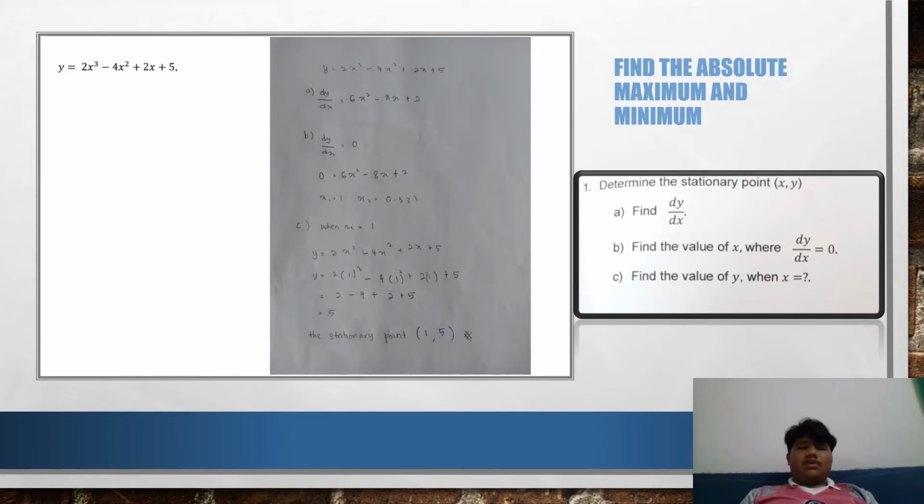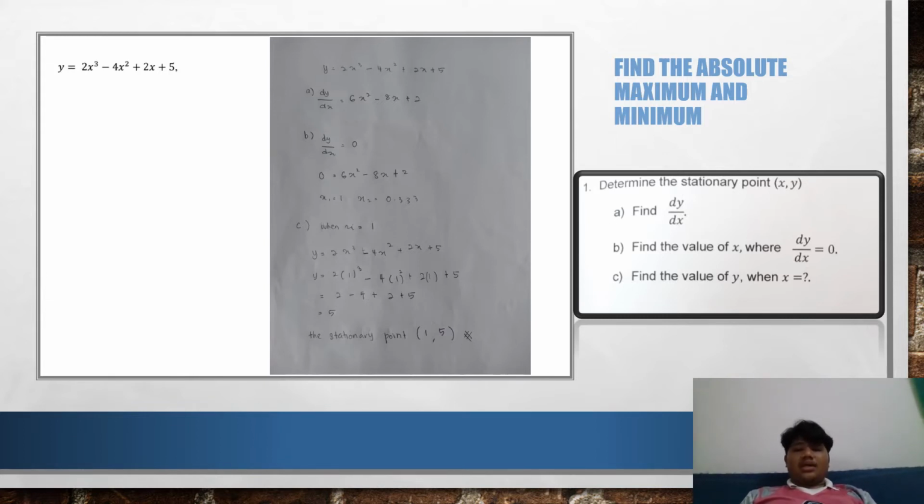Okay, we see on the screen there is a question for us to find the maximum and minimum point. First of all, the first step is to find dy/dx. Look at the screen. After differentiation, we need to set dy/dx equal to 0. Then we use the calculator to determine the stationary points for x, and we get x1 equal to 1 and x2 equal to 0.333.